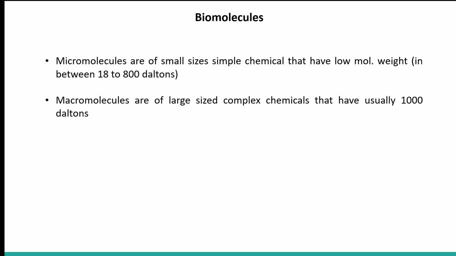So there are two different types of biomolecules. The first one is micromolecules, and they are of small size, simple chemicals that have low molecular weight. This is the basic difference: micromolecules have a low molecular weight that ranges between 18 to 800 Dalton.